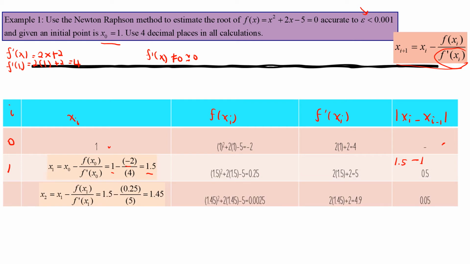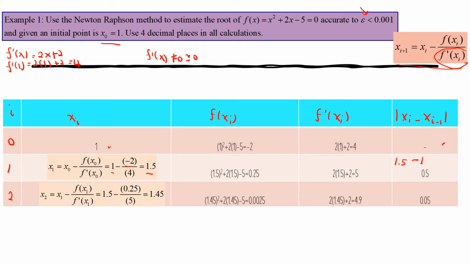Okay, next iteration. Before that, for the error, we still have not got an error less than 0.001, so you have to proceed to the next iteration. For iteration number 2, to find x2 you use the formula for the Newton-Raphson method, so you will get x2 equals 1.45.